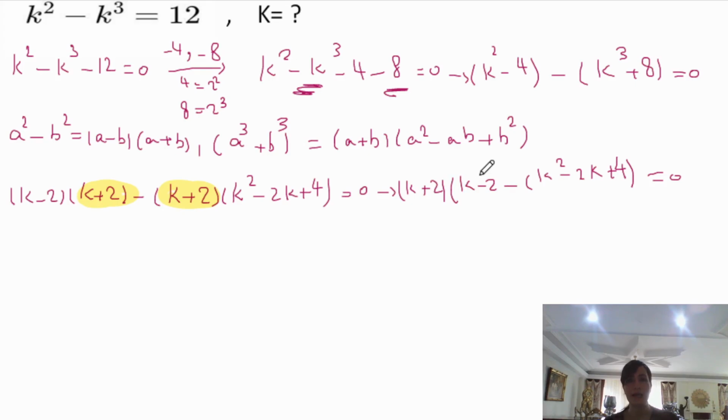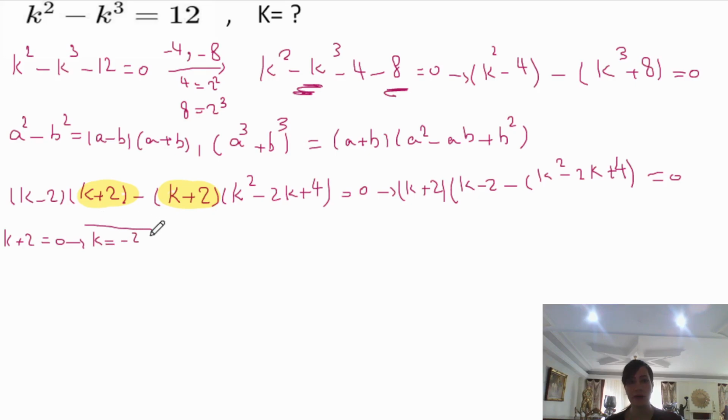And we say if the product of two parentheses or two terms equals 0, at least one of them must be 0. So I say this parenthesis would be 0. If I make this parenthesis 0, I will get k equals negative 2.